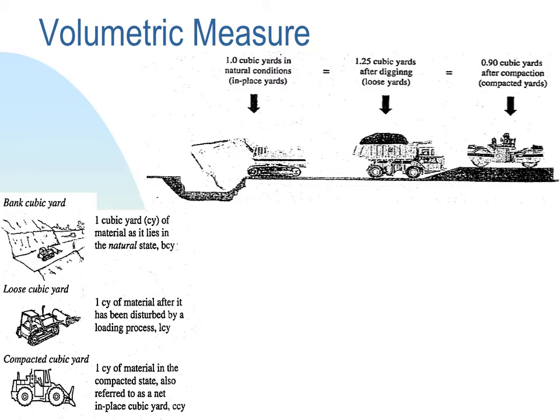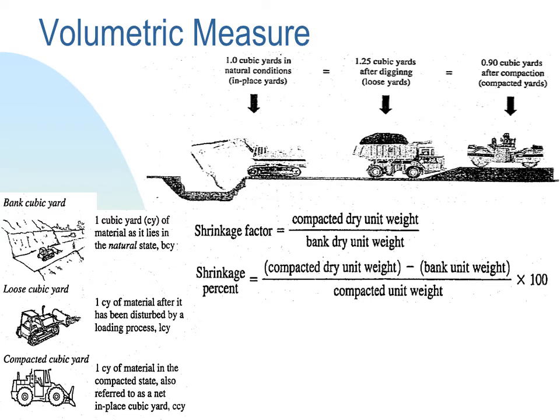So this loose volume is of course more than the banked volume, by an average of 25%. So it's an average of 1.25 cubic yards. So now the 1 cubic yard of banked volume became 1.25 loose cubic yards. And after that, when it gets compacted, it will be 0.9 cubic yards, as explained in a previous lecture.